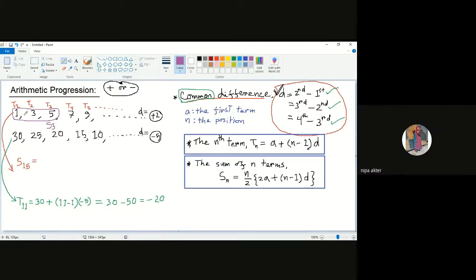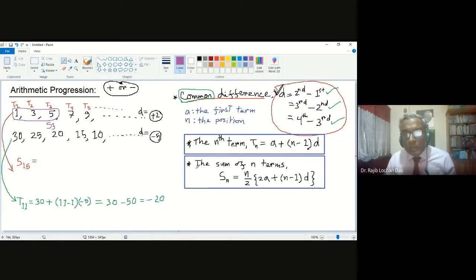Sir, I don't understand. I have written here. What is the meaning of this? If I say S3, then what will you say?